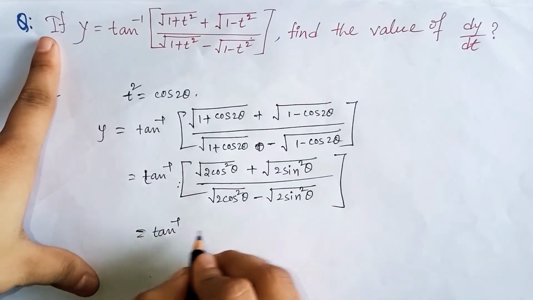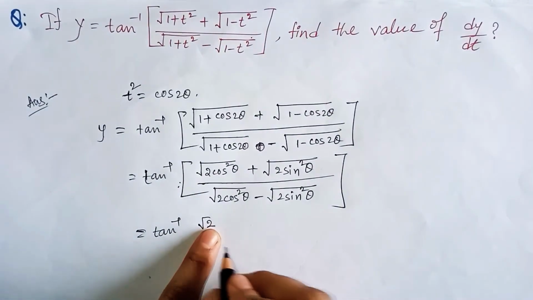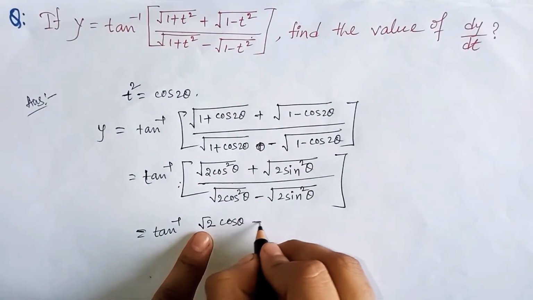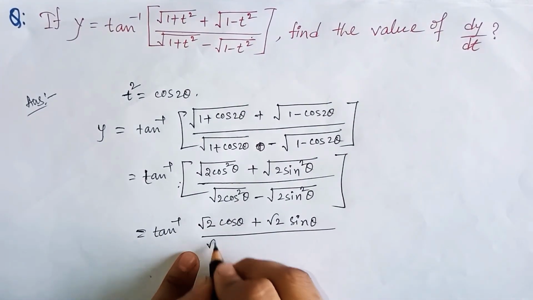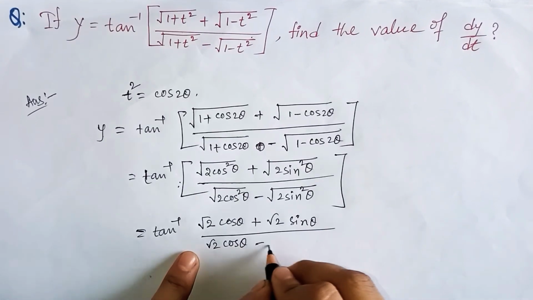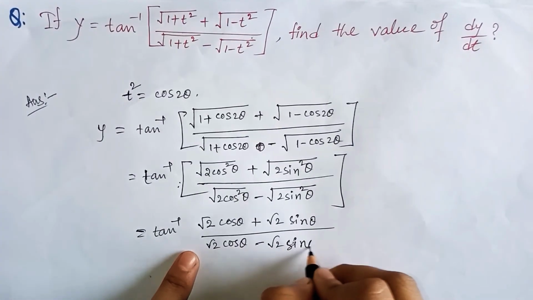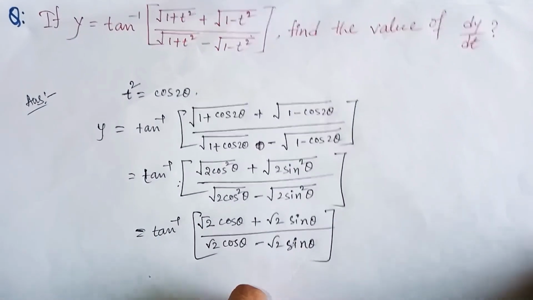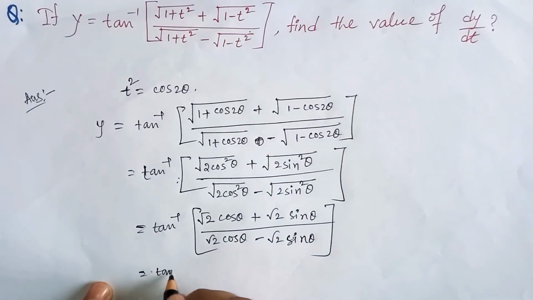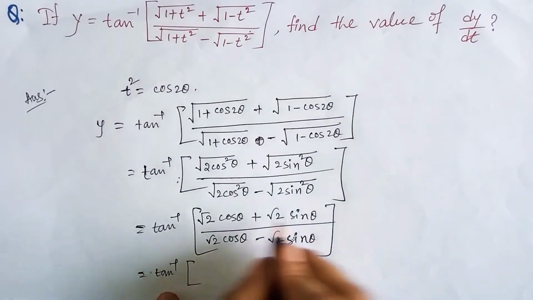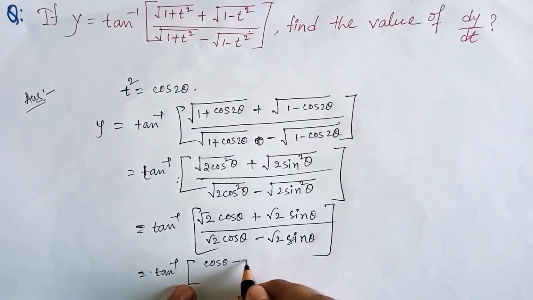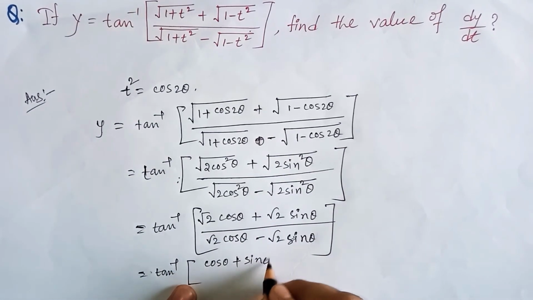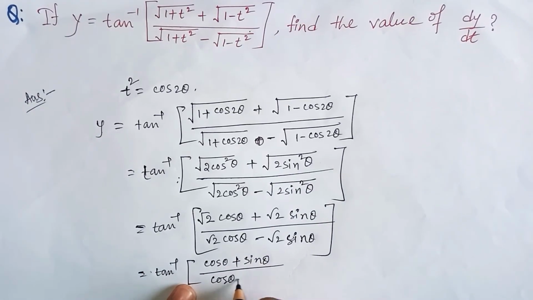So tan inverse of (square root of 2 cos theta plus square root of 2 sin theta) whole divided by (square root of 2 cos theta minus square root of 2 sin theta), right? So square root of 2 is common and cancelled from up and down. So (cos theta plus sin theta) whole divided by (cos theta minus sin theta).